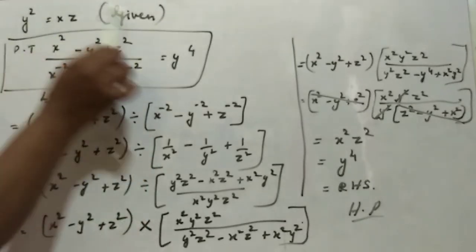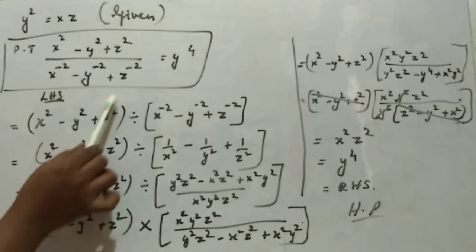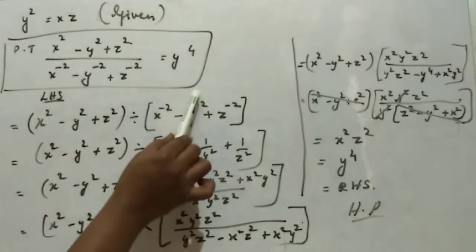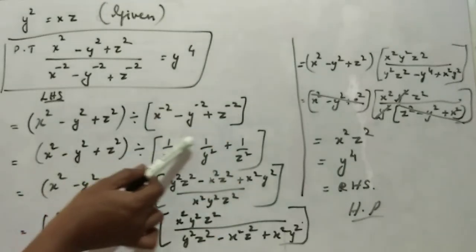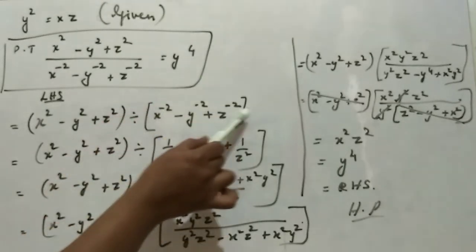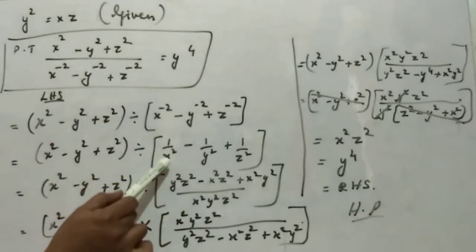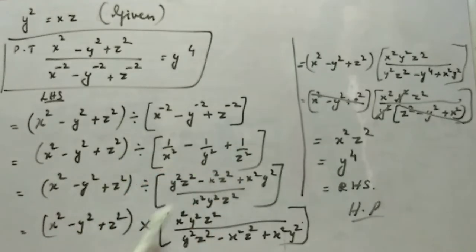So take the left hand side alone. Now, this one we have to write down in reciprocal in order to make a positive power. So, you got 1/x² − 1/y² + 1/z². Now, take the LCM and you got.